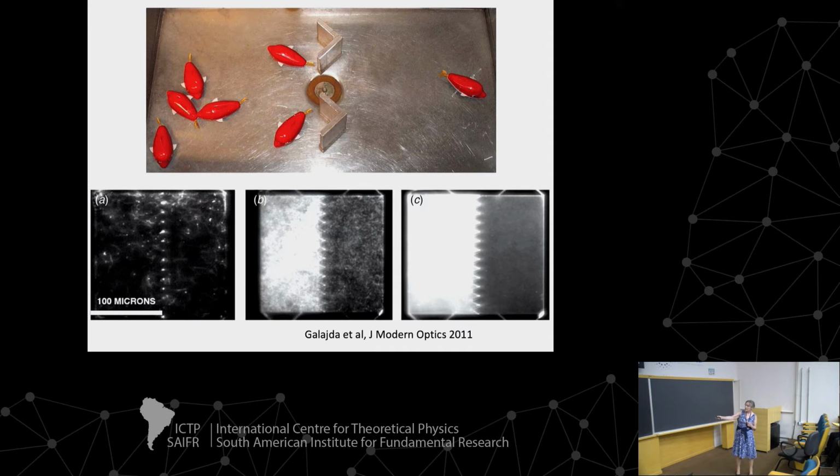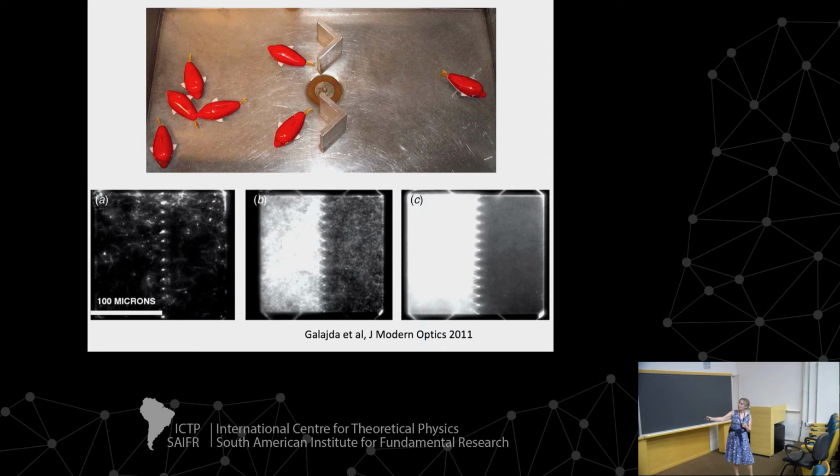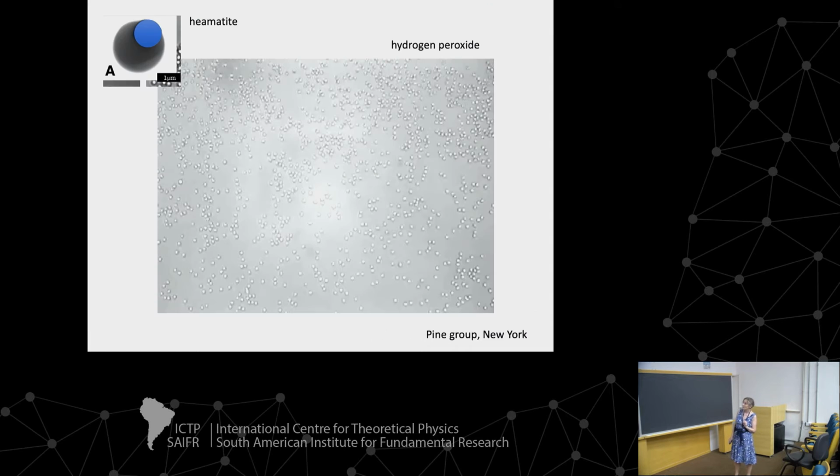And this is a thing which contains bacteria. And as a function of time, the bacteria, which show up as the fluorescent white bit, self-organize themselves to be on this side of the barrier. So active self-assembly. But again, we're a long way off doing anything that nature can do.